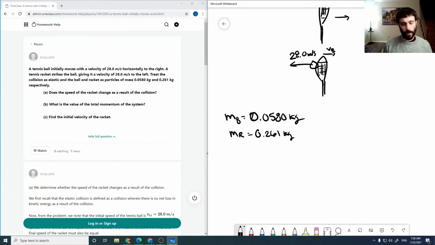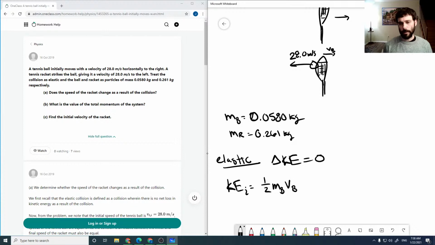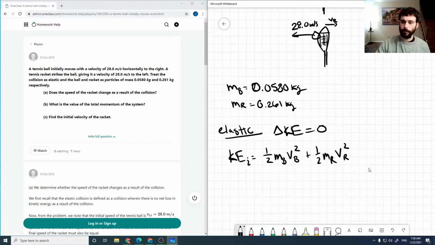So first of all, if it's an elastic collision, then our delta KE is 0. So our initial kinetic energy is 1/2 the mass of the ball times the velocity of the ball squared, plus 1/2 the mass of the racket times the speed of the racket squared, I should say.